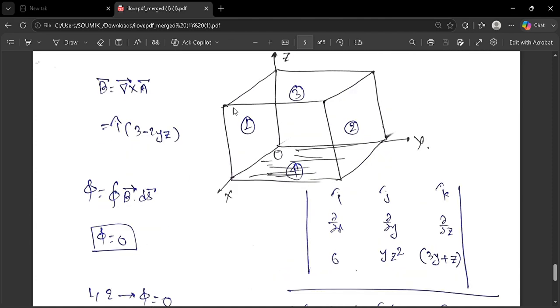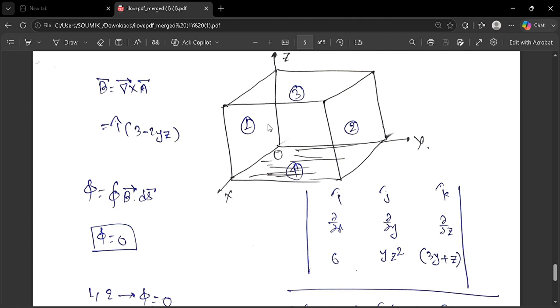Basically we can give the answer without much writing. B is the magnetic field and A is the magnetic vector potential. In the magnetic field there is only i cap present, so for the integration B dot dS, there will be no closed loop, as I have already mentioned.